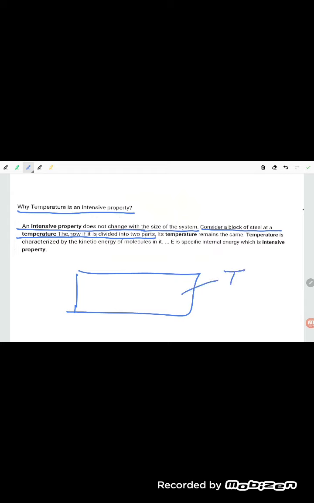Okay, let us have a look at the slide, students. An intensive property does not change with the size of the system. Consider a block of steel at a temperature T. If you divide this into two parts, suppose horizontally, its temperature remains the same.